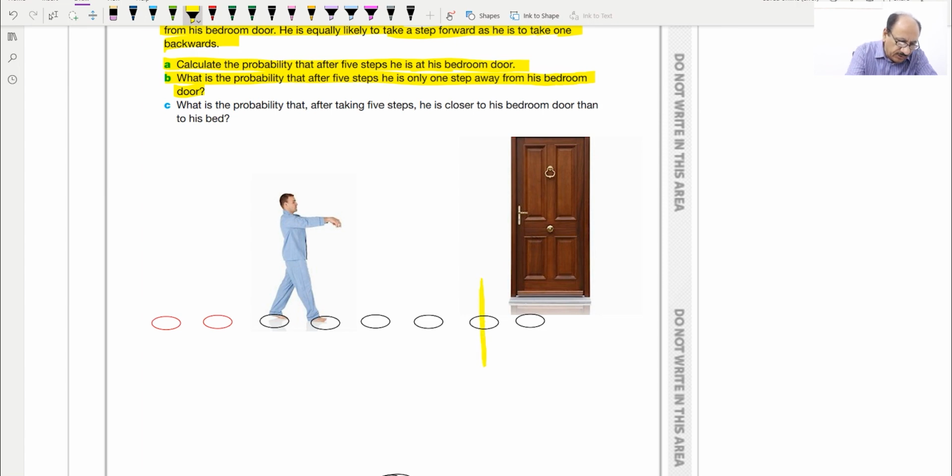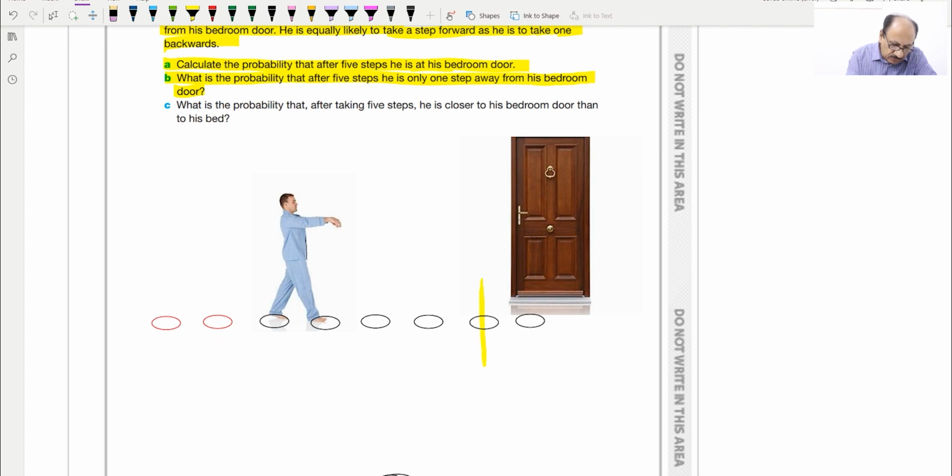If he takes 1 step back, then forward 1, then second, third, fourth, and fifth, he is not reaching this location.